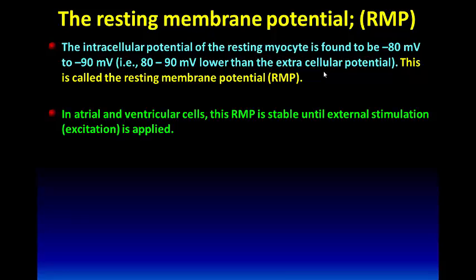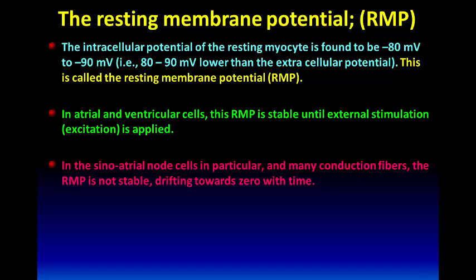And when the cells are excited, now the voltage across the membrane changes. So in the atrial and ventricular cells, the resting membrane potential remains stable until they get stimulated by a cardiac impulse from the sinoatrial node.